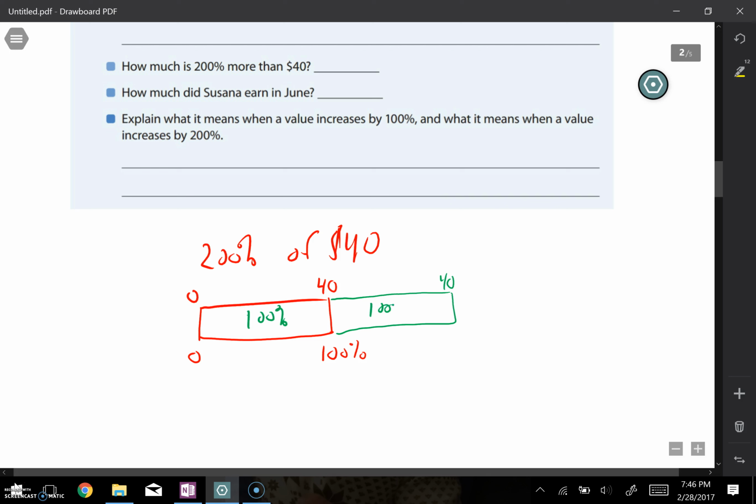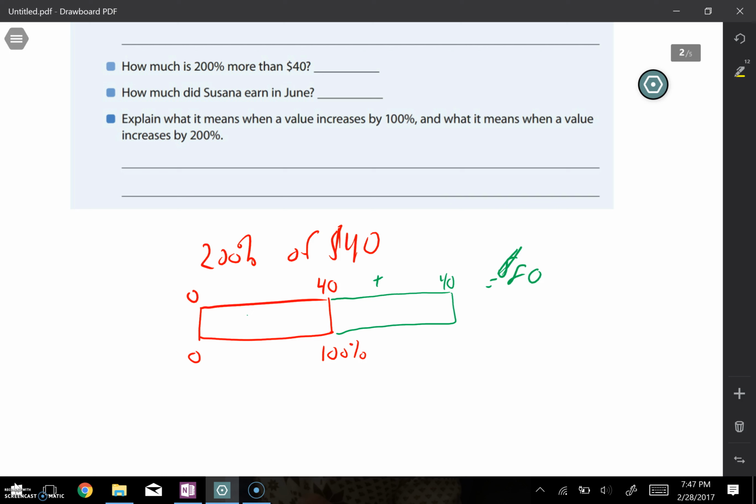This is 100%. Okay, now this is the tricky part. If she increased by 100, she would have made another $40, and it would have been $80, and that would have been pretty cool. But she did not just increase by 100%. She actually increased by 200%.